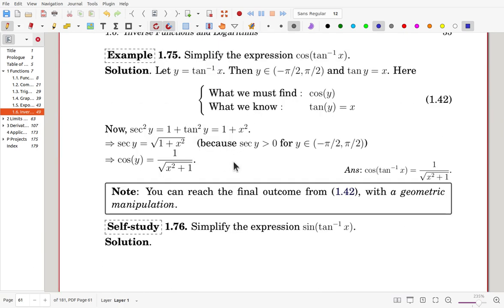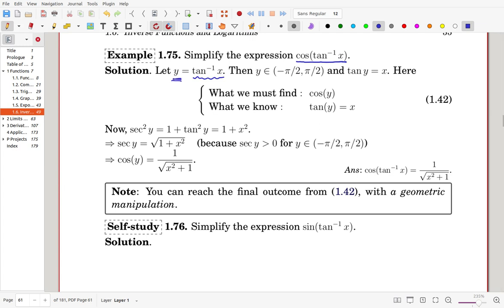Here we simplify the expression cosine of tangent inverse of x. So we'll do it step by step for this term. Let's start with what is inside the parenthesis. Let's say tangent inverse of x is y.